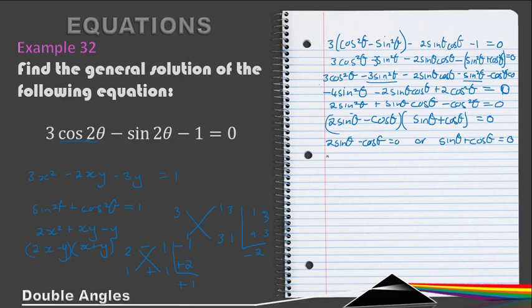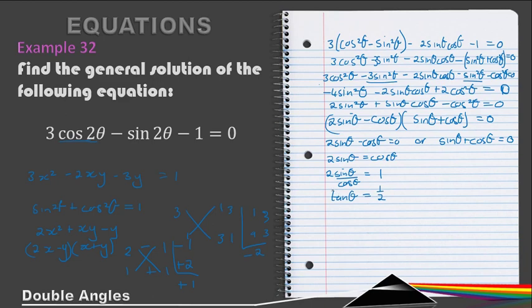So we have 2 sine theta equals cos theta. Then divide both sides by cos theta. So this is 2 sine theta over cos theta equal to, if I divide cos theta by cos theta, 1. Then this expression becomes tan theta. If I divide both sides by 2 as well, tan theta is equal to a half.